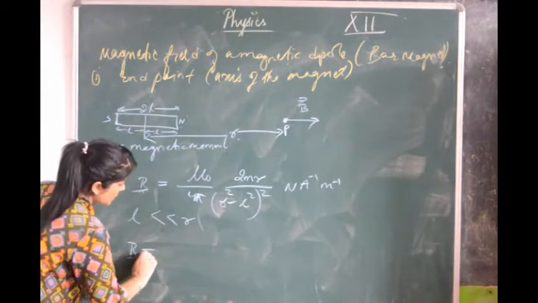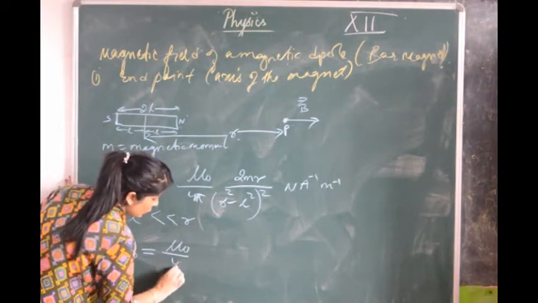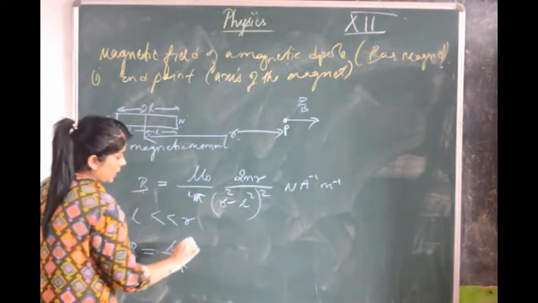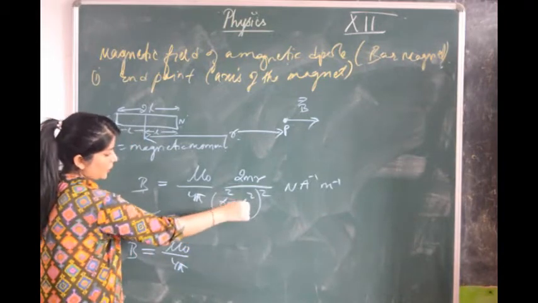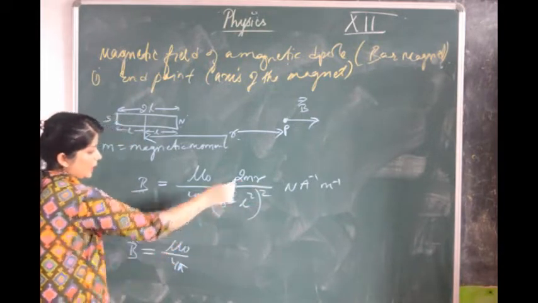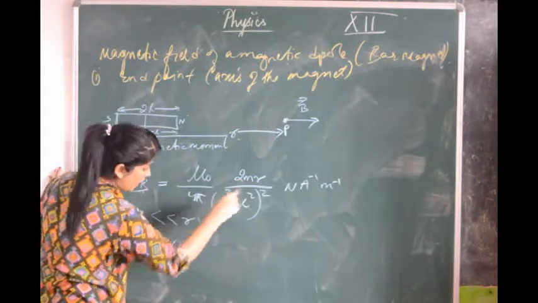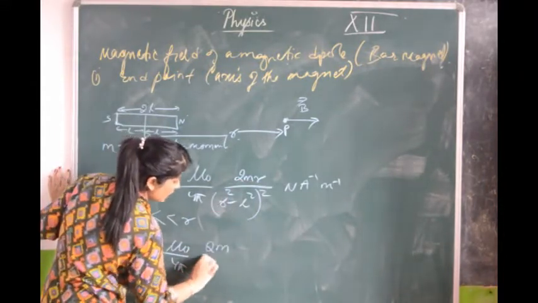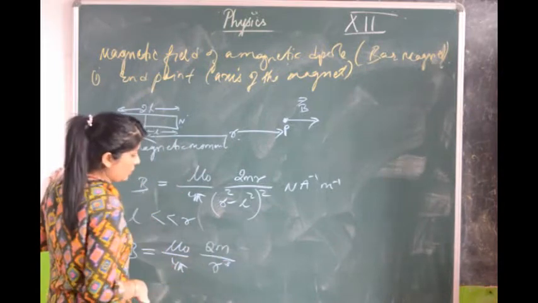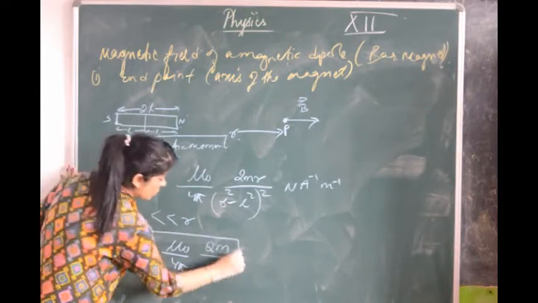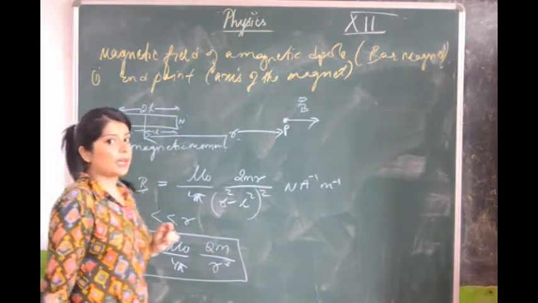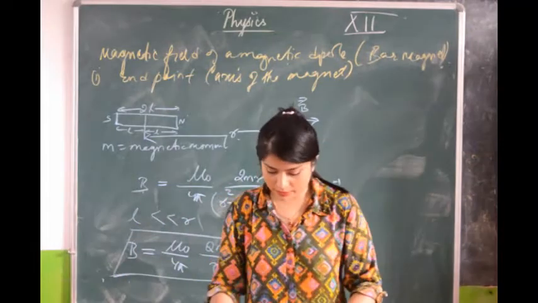So B becomes mu naught by 4 pi. If this is ignored, then one R gets cancelled. So only 3 R will be remaining: twice M divided by R cube. This is ultimately what you get, the magnetic field at the axial point of a magnet.